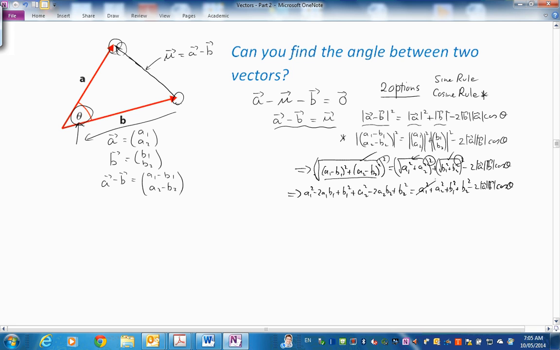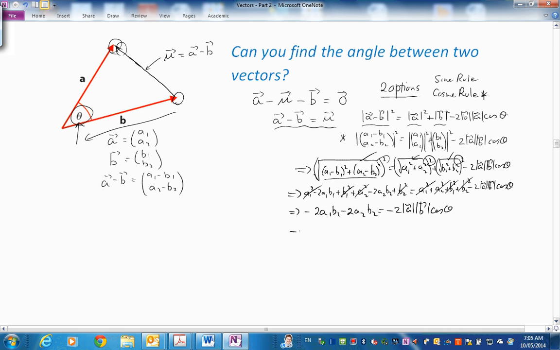Let's take A1 squared from both sides, A2 squared from both sides, hey, this is magic, B1 squared, B2 squared from both sides. What do we get? Let's have a look. Neg 2 A1 B1 take 2 A2 B2 equals neg 2 length of A, length of B, cos of theta.